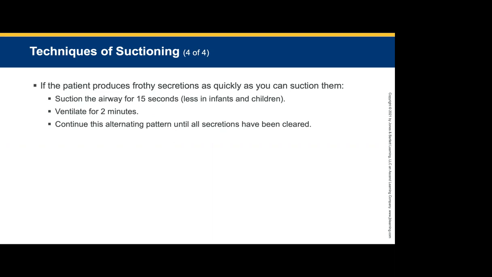Anytime you suction, you don't want to do it back to back, like 15 seconds, stop, 15 seconds, because you're not providing enough oxygenation to the body. It says in there, do for 2 minutes. It's like a 2 and 15, if that makes sense. You want to breathe for the patient for a full round of 2 minutes, and then you can suction for 15 seconds.